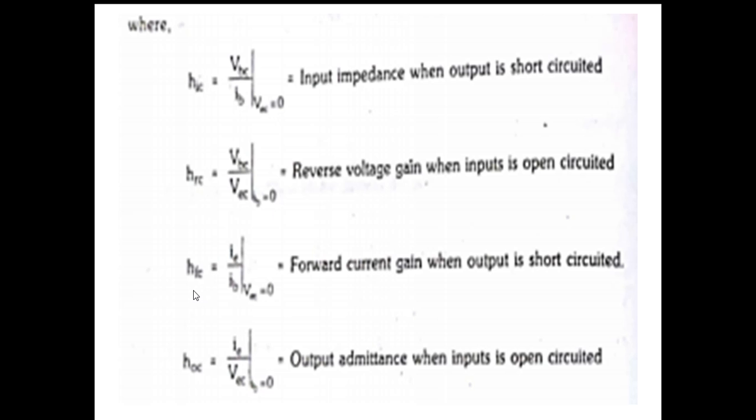Next, third quantity is HFE, forward current gain. Forward current gain when output is short circuited.